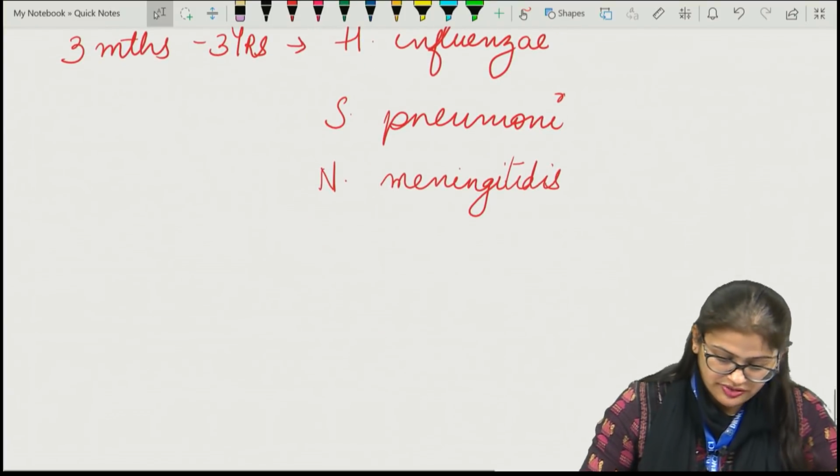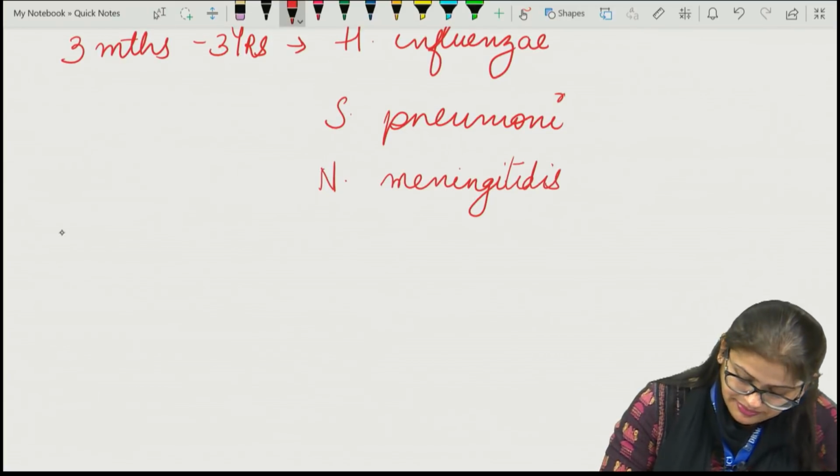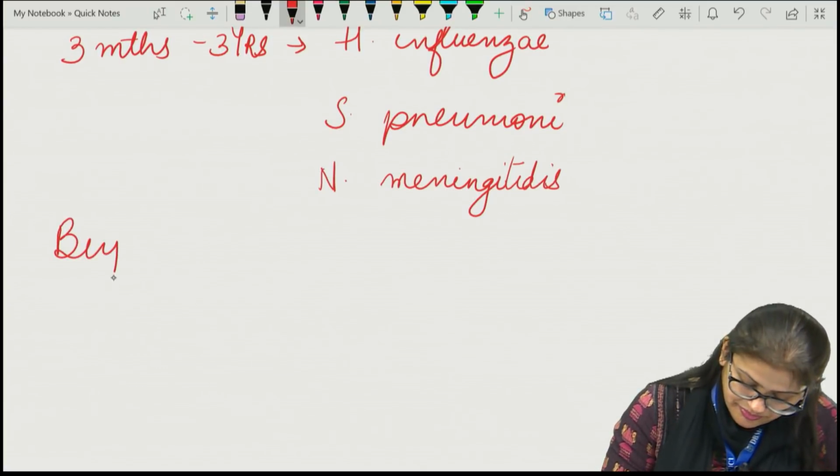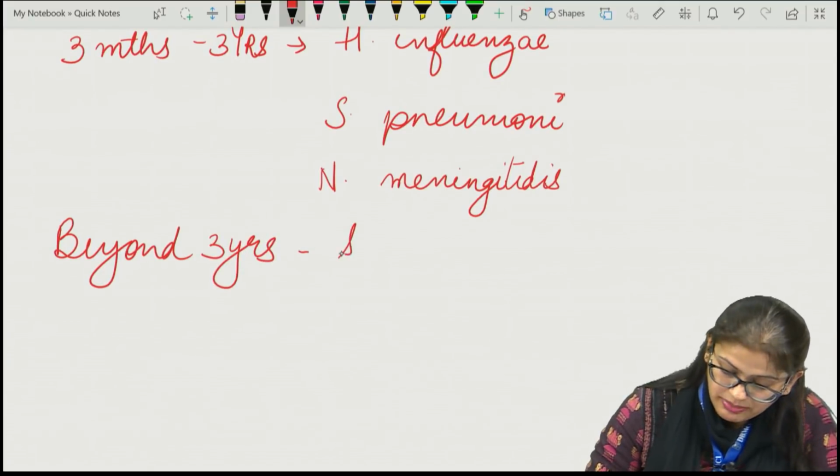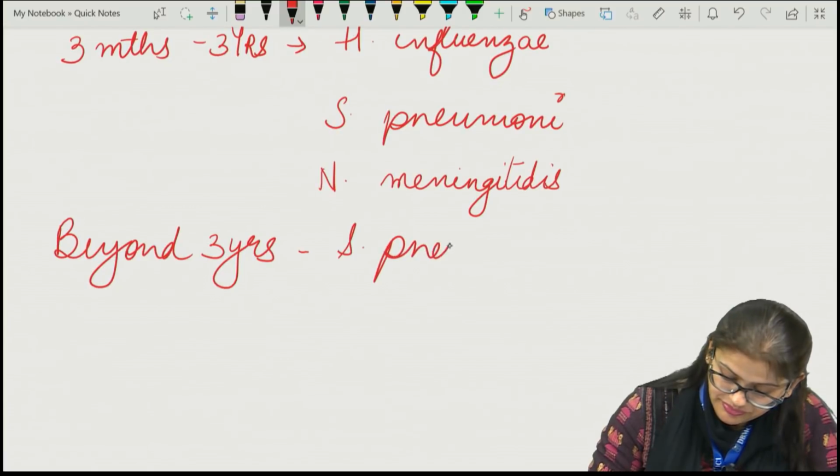While in older children, that is beyond 3 years, the common organisms include strep pneumoniae and Neisseria meningitidis.